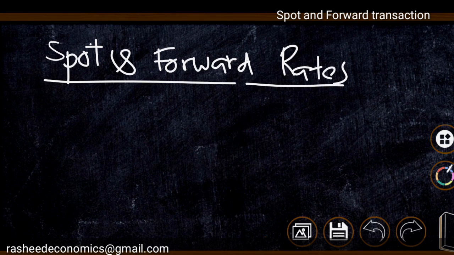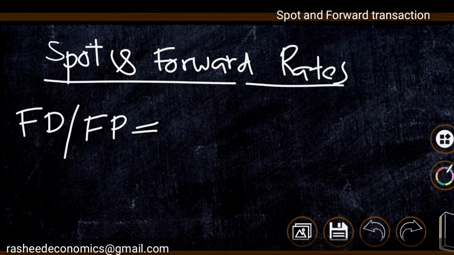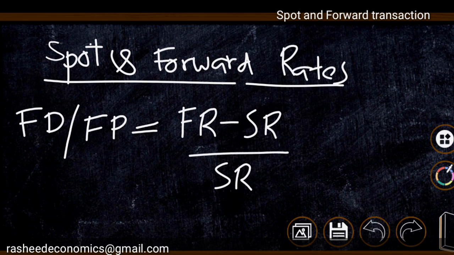There is a common formula to find this forward premium or forward discount. It can be expressed as forward discount or forward premium is equal to (FR minus SR) divided by SR into 4 into 100.